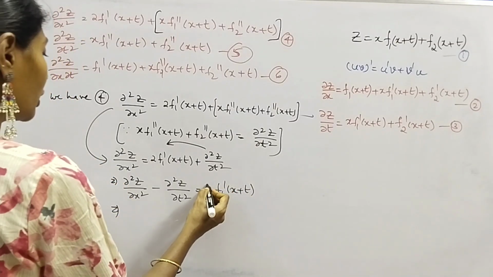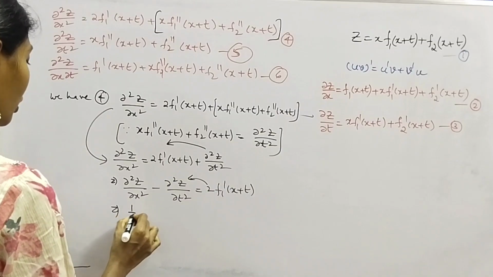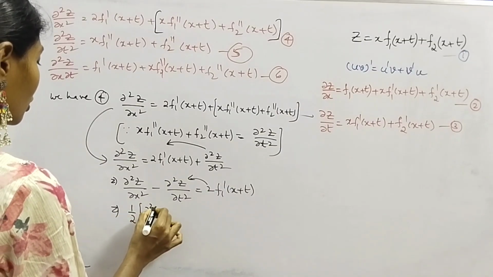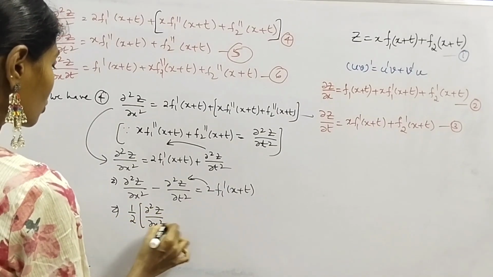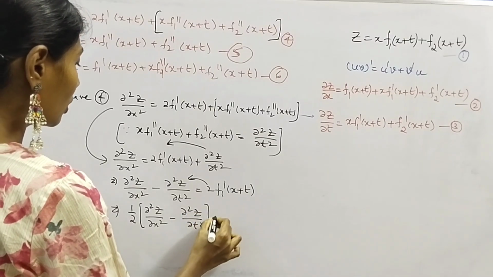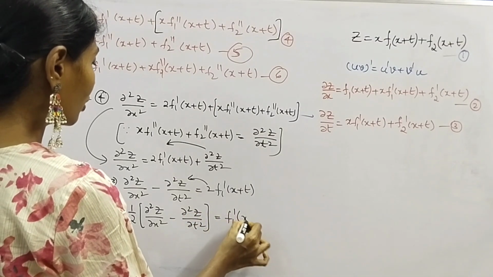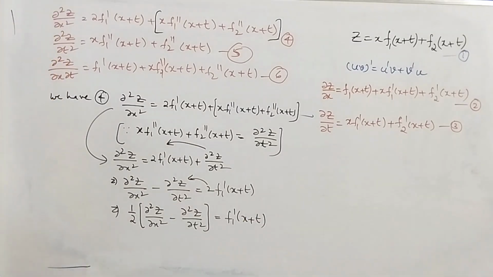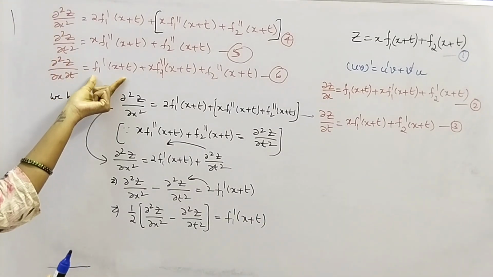Fine. Now bring this 2 to LHS. You'll get 1/2 of (∂²z/∂x² minus ∂²z/∂t²) equals f1'(x+t). So we got the value of f1'.